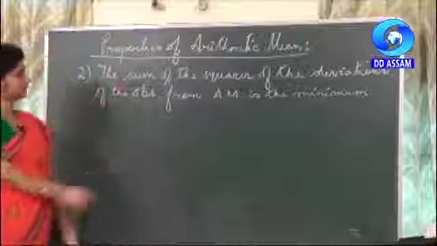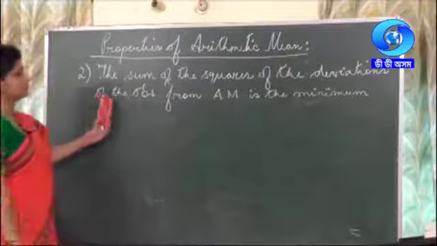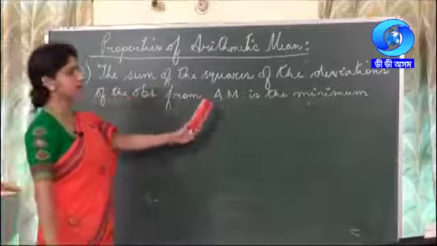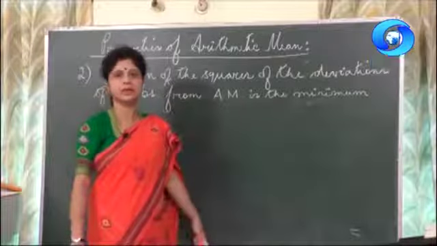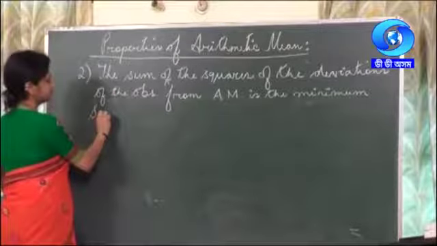Yes, the statement is the sum of the squares of the deviations of the observations from arithmetic mean is the minimum. The meaning is that if we write symbolically, you will understand.